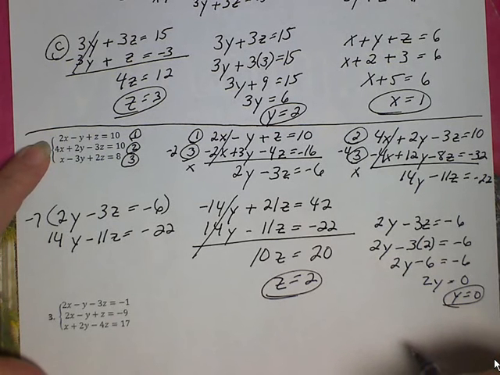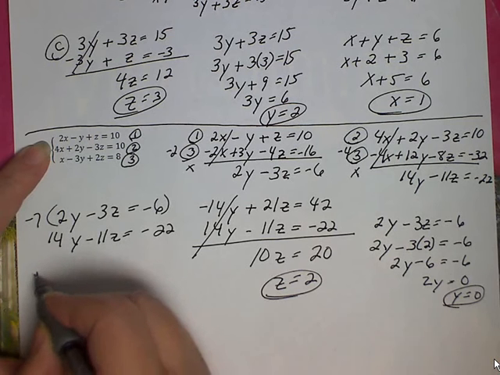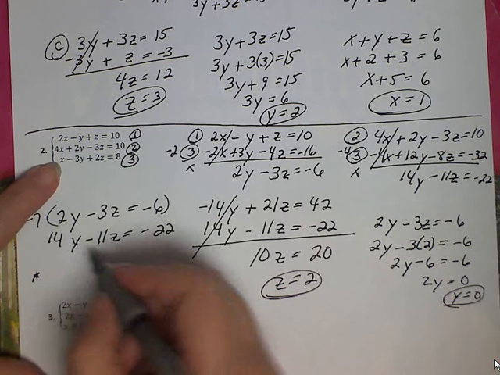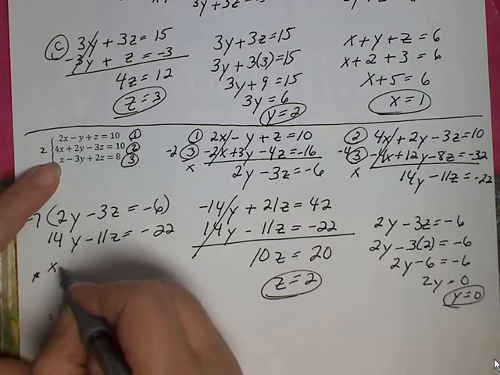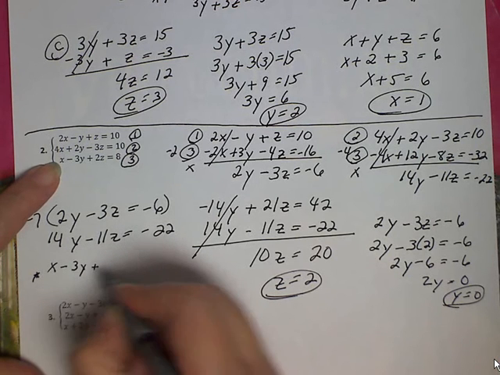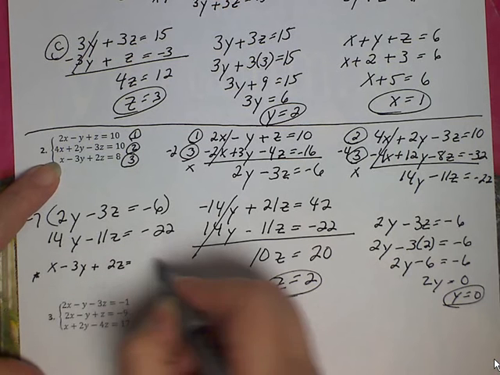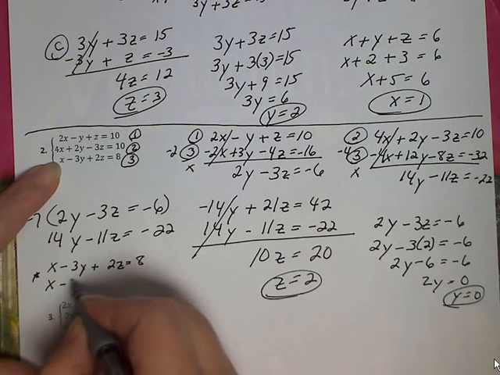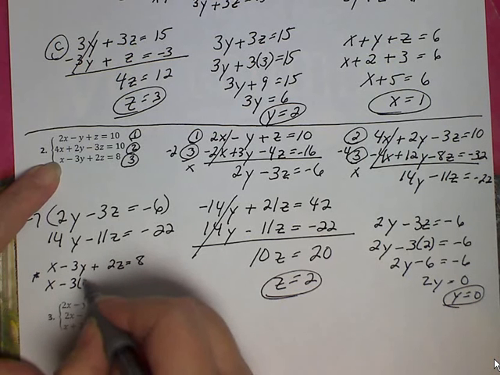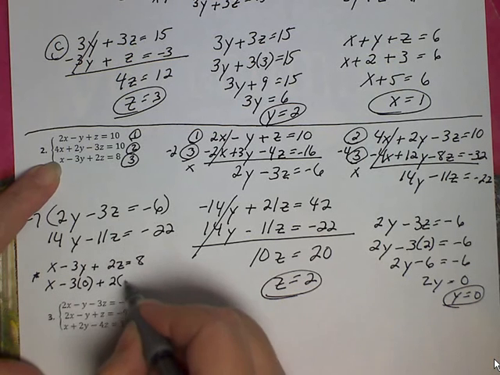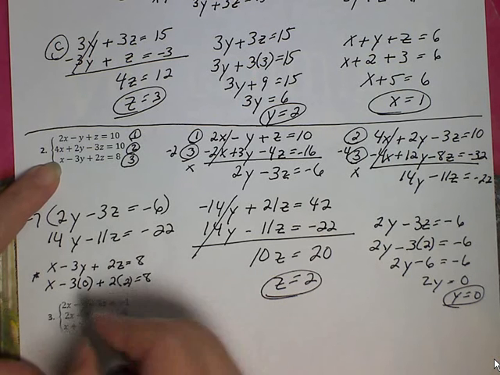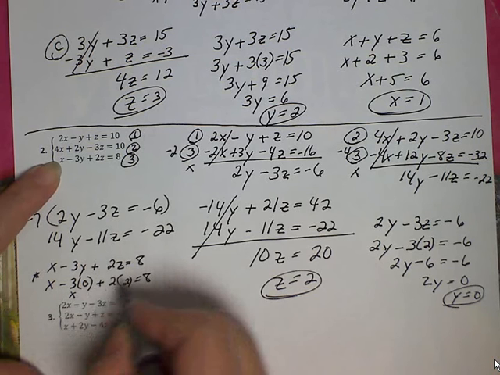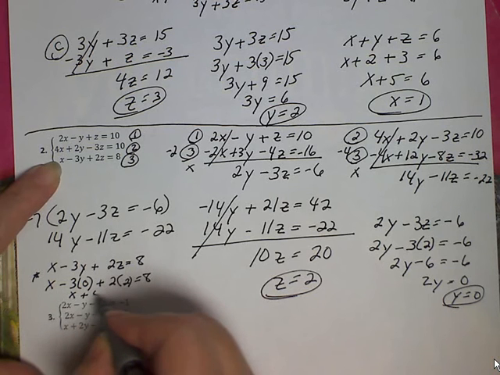Trying to see what's the best one. Yeah, I'll just say this one's by itself, so I'm going to use that one. So I have x minus 3y plus 2z is equal to 8. I know that I don't know what x is. Minus 3 times 0 plus 2 times 2 equals 8. So I have x plus 4 is equal to 8.